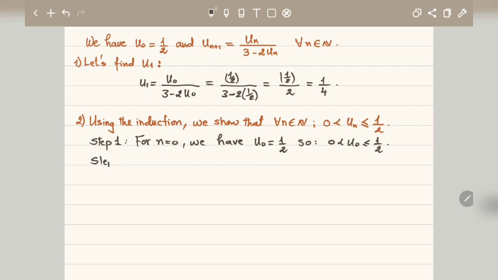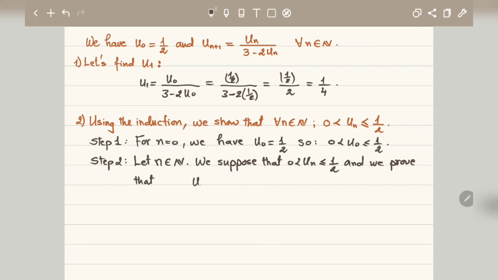Step 2: let n be a natural number. We suppose that un is greater than 0 and smaller than or equal to 1/2, and we prove that un+1 is also between 0 and 1/2.